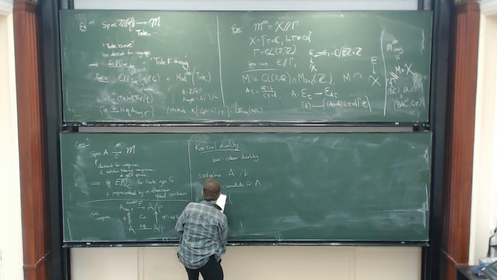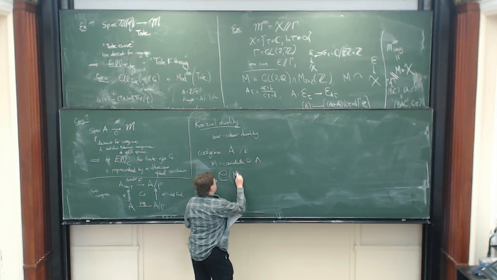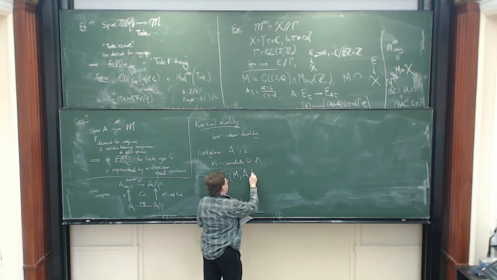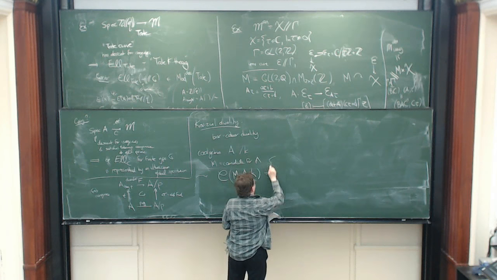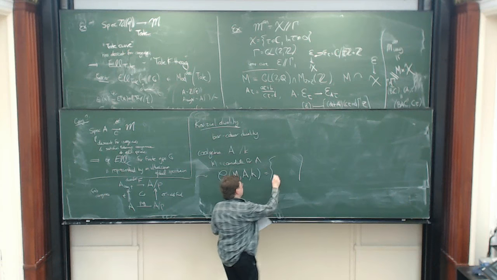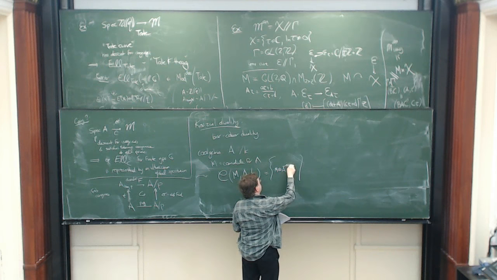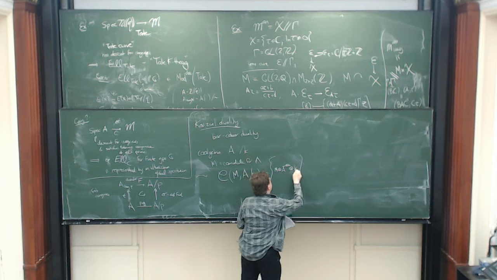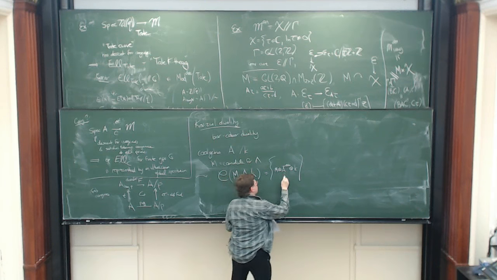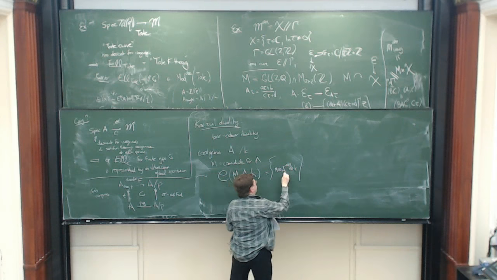This will be the cobar complex, C of M, A, K. So this is some kind of chain complex, I guess a cochain complex, where in the nth degree, I'll take a tensor product of copies of A, and then tensor it on both sides by K. And this is, let's call this N, degree n.